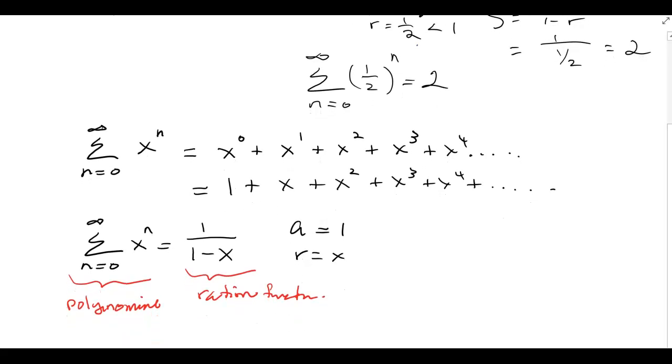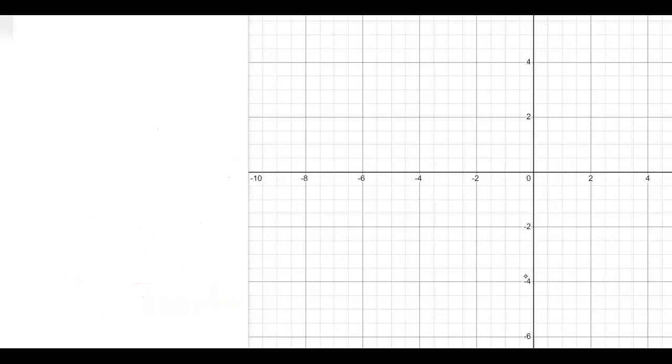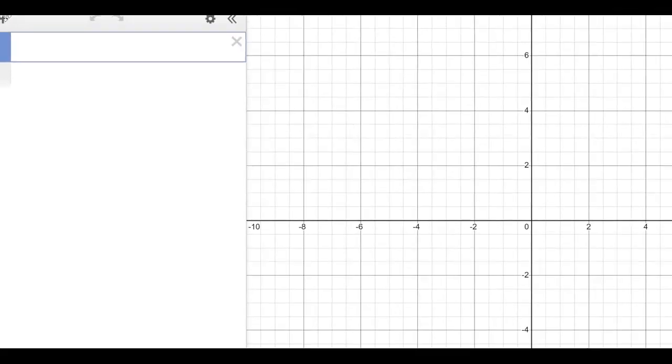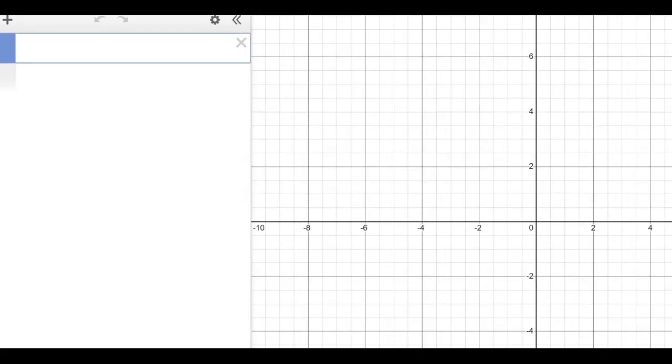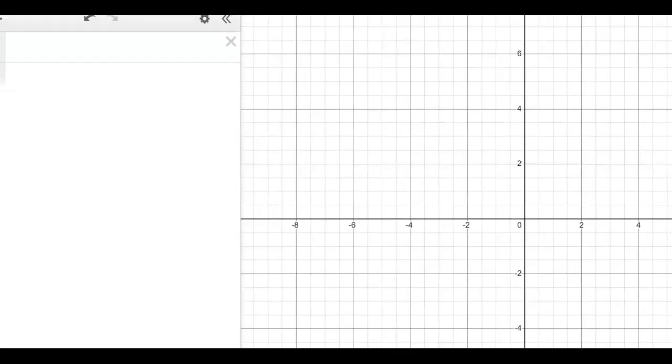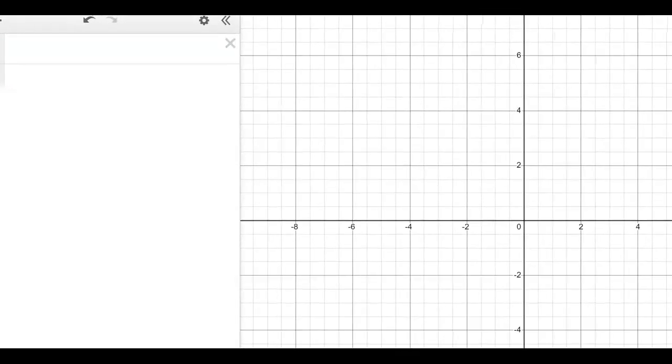Well, this is a little bit hard to believe, so let's take a look at it on a graph. Again, it's just a broad introduction, so let's just get an idea of what's going on here. Let me go over to Desmos. And let's type in our function.